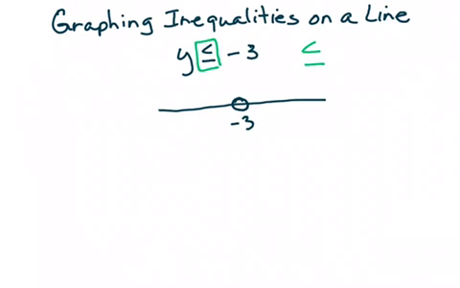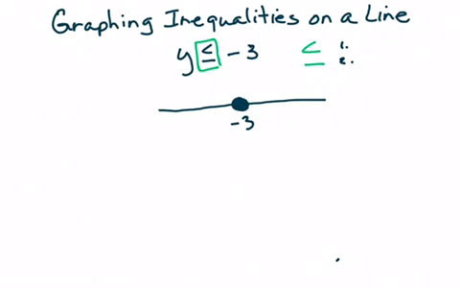But now you have to determine if you're going to color that circle in or not, or just leave it as a plain circle. In this case, because you have two different things, it means that you're going to color that circle in.